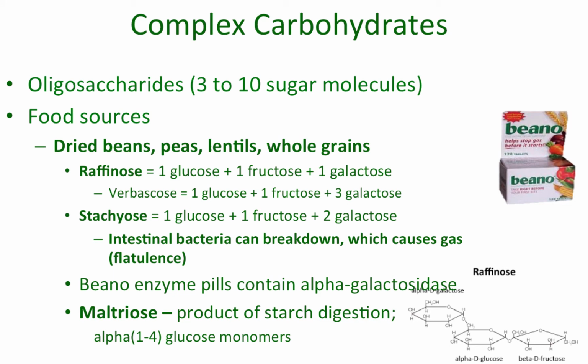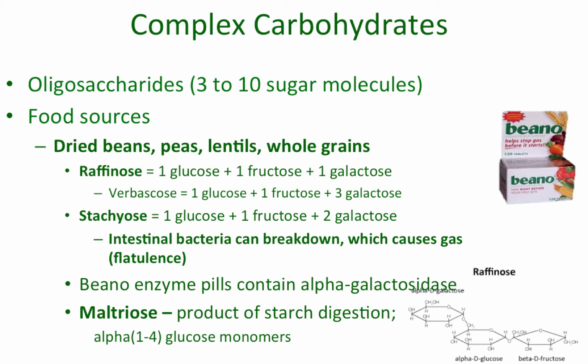All right. And as far as our oligosaccharides, these are 3 to 10 saccharide or sugar molecules bound together, and these can vary quite a bit. Our most important ones, though, are raffinose, stachyose, verbascose, and also maltose.